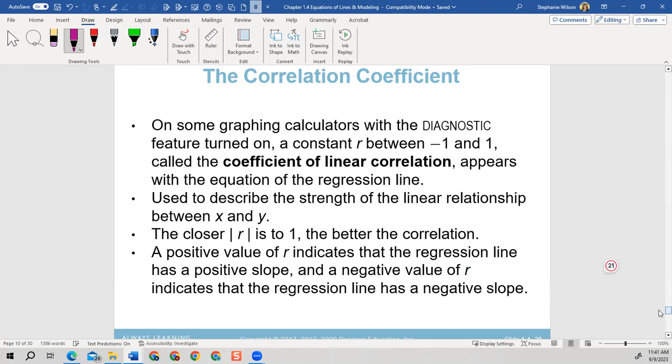The closer the absolute value of R is to 1, the better the correlation is, which makes sense because the closer to 0, it's not as correlated. A positive value of R indicates that the regression line has a positive slope. The negative value of R tells us it's a negative slope. So it's a positive slope if R is positive. It's a negative slope if R is negative.